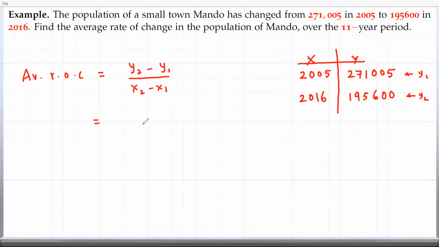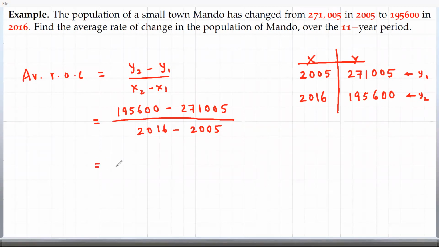So this means on the top we have 195,600 minus 271,005. And in the denominator, we have x2 minus x1. So we can take 2016 to be x2 and 2005 to be x1. Now the rest is just evaluating.